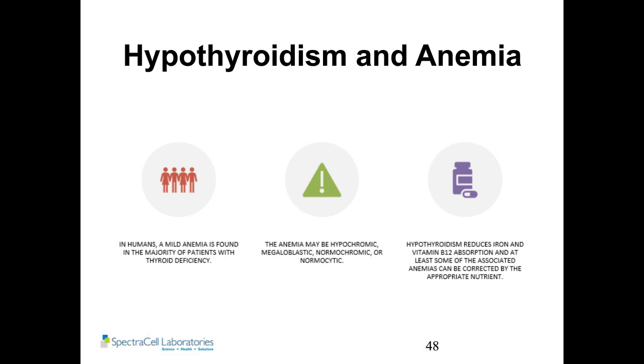I could show you several CBCs where these people have zinc deficiency that present as a microcytic hypochromic anemia, and you might think iron right away, because iron deficiency and zinc deficiency can present exactly the same way on a CBC, and there is no way you can determine if it's zinc or iron deficiency by just looking at a CBC.